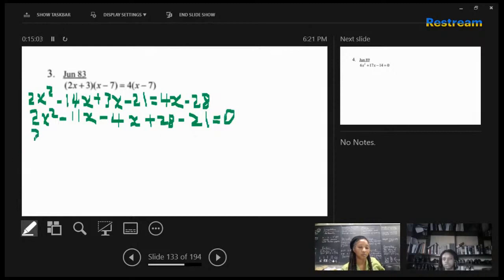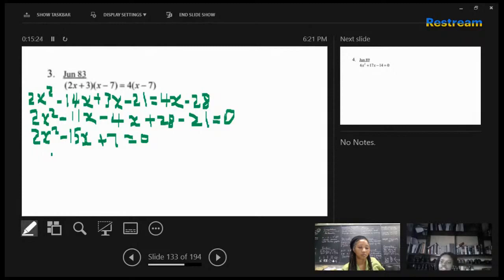So now we're going to have 2x squared minus 15x plus 7 equals 0.